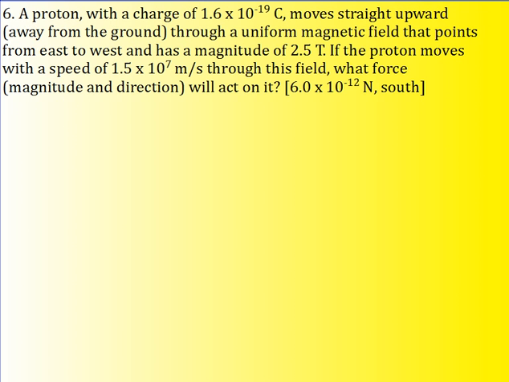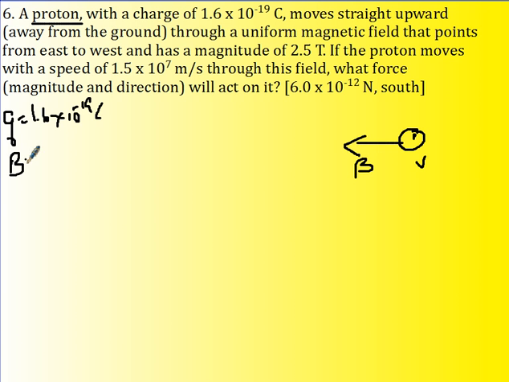Now, a proton with charge Q equals 1.6 times 10 to the negative 19 coulombs moves straight upwards away from the ground. So it's moving upward, so that's V. Through a uniform magnetic field that points from east to west. So B goes from east to west and has a magnitude of 2.5 teslas.